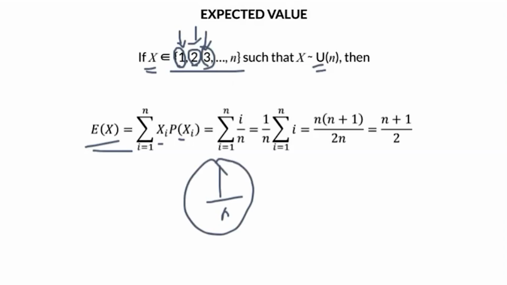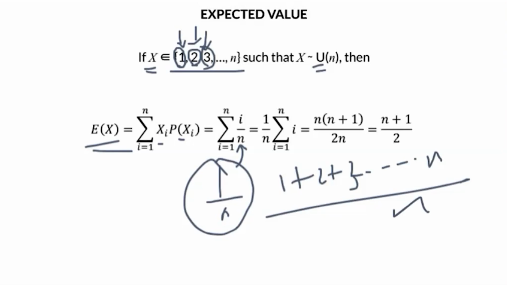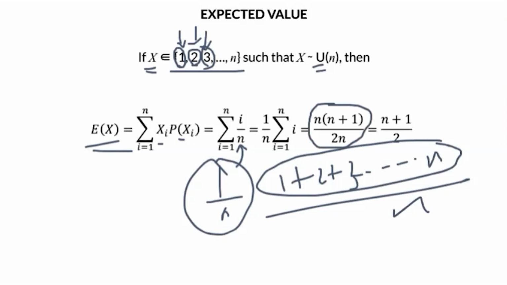Because it's a uniform distribution. So you're essentially just doing what? 1 plus 2 plus 3 dot dot dot till n, divided by n. And this is an arithmetic progression. We remember the formula, n into n plus 1 by 2. And you have this n in the denominator. So finally the answer is n plus 1 by 2, right? The answer is (n+1)/2.